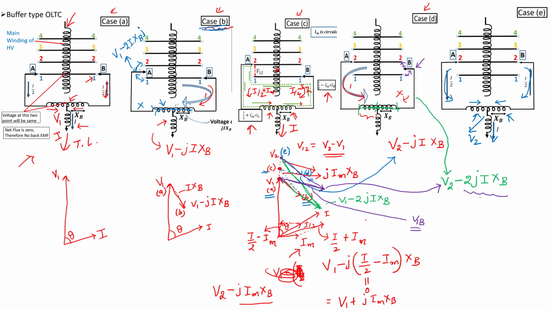So this is how the voltage differences are important for design purposes actually. So this is how the phasor diagrams of changing the tap from one position to other position will appear like a flag actually. That is why these diagrams are called flag diagrams, and the voltage drops are important in designing this one.